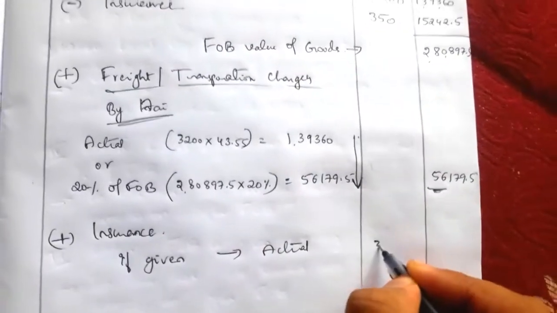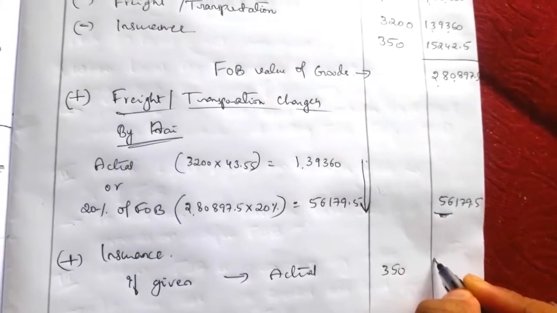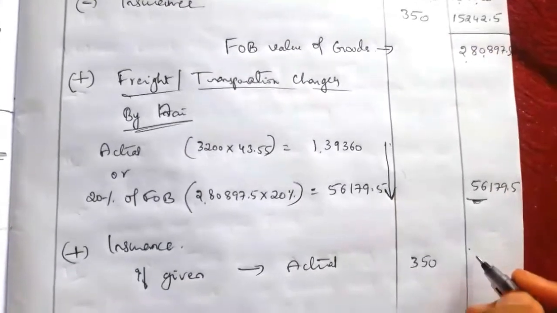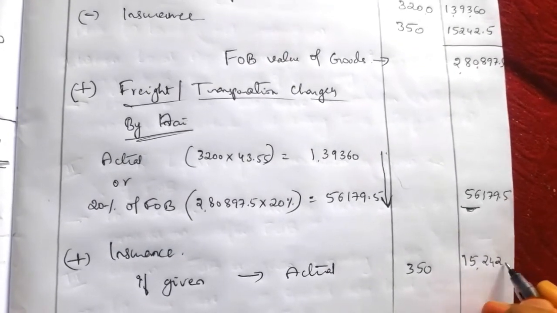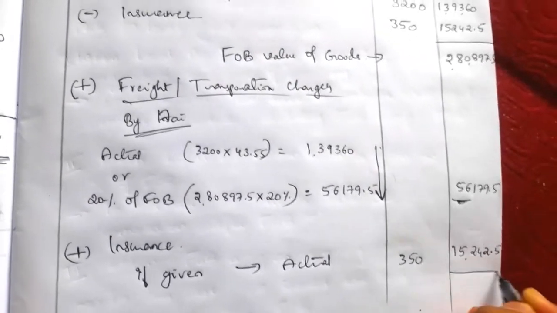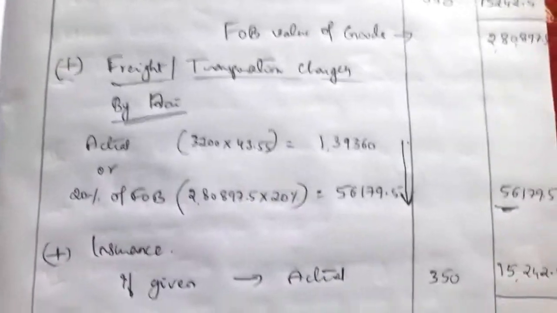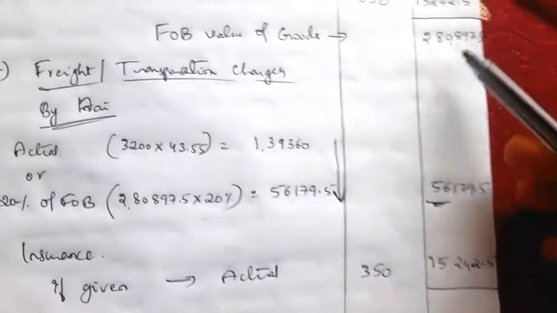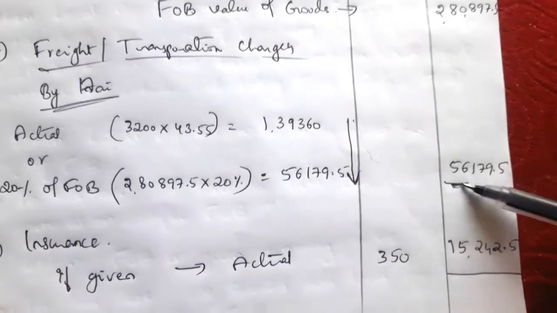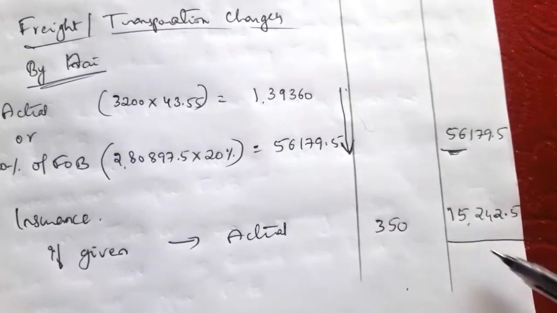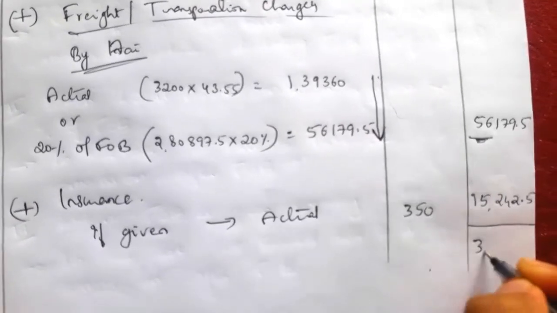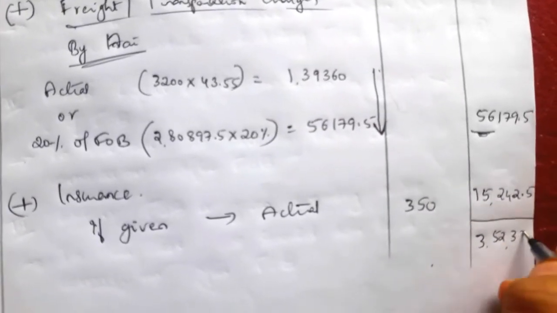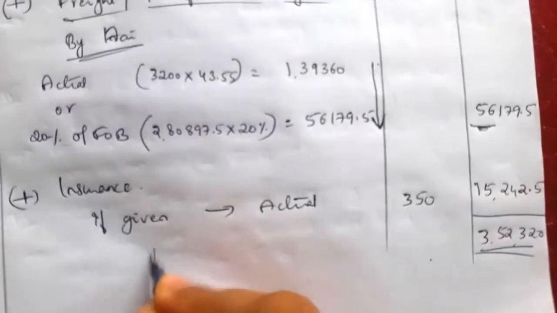We have already calculated, that is 350, and here that is the same value, 15,242.5. So now total it: 2,80,897 plus 56,179 plus 15,242.5 is equal to 3,52,320. So this is nothing but the assessable value.